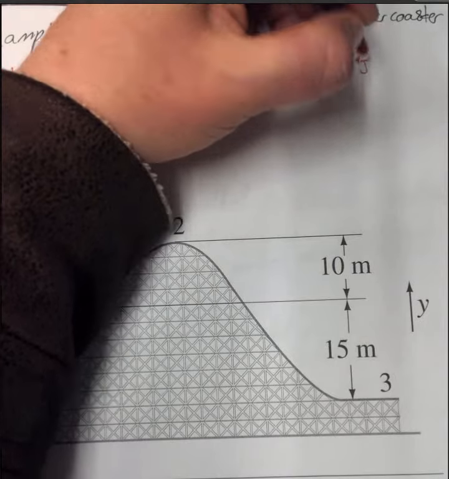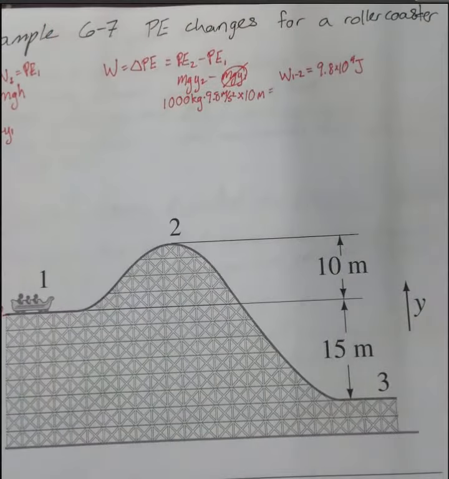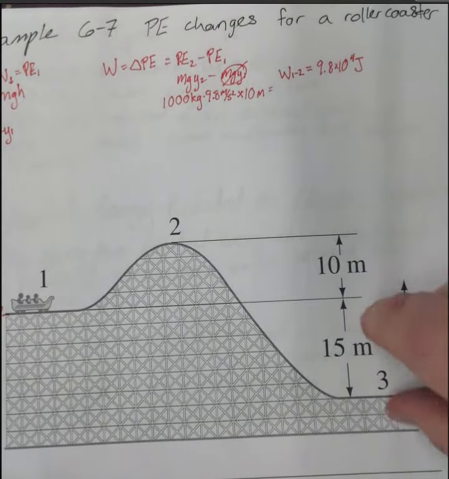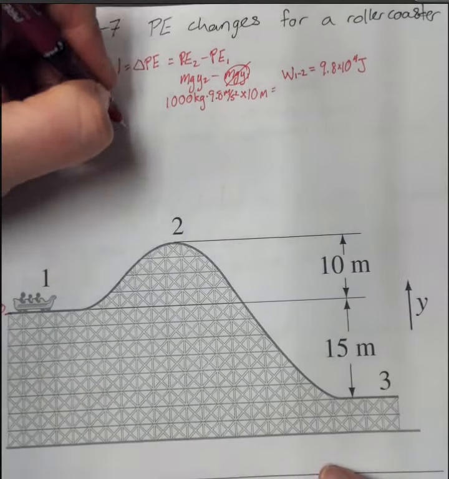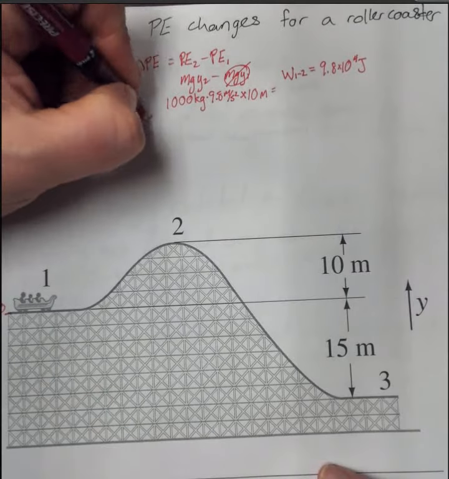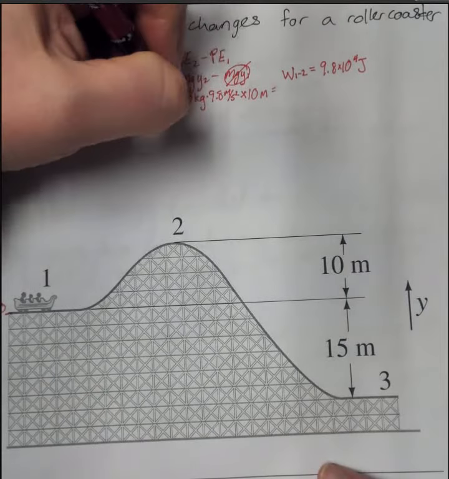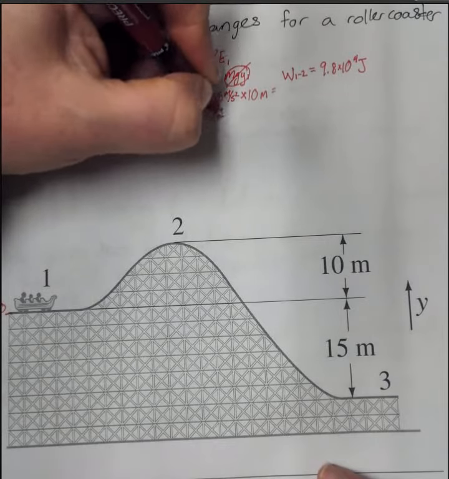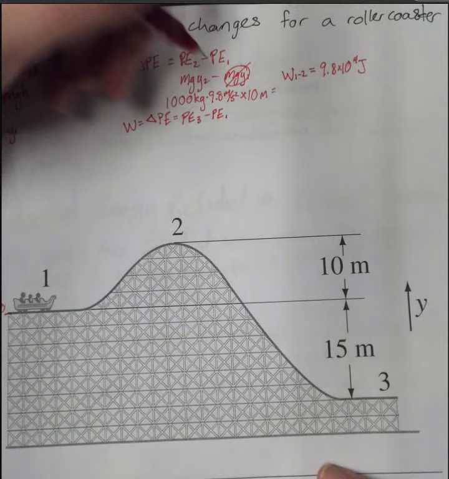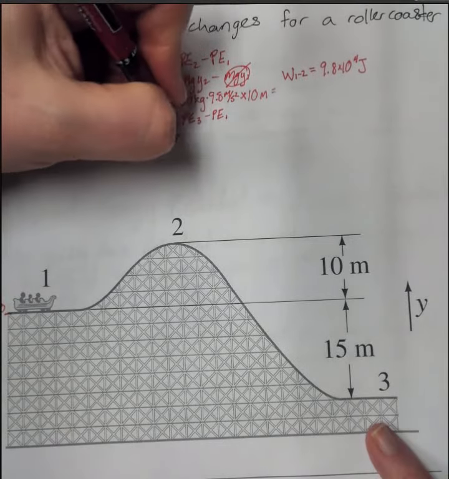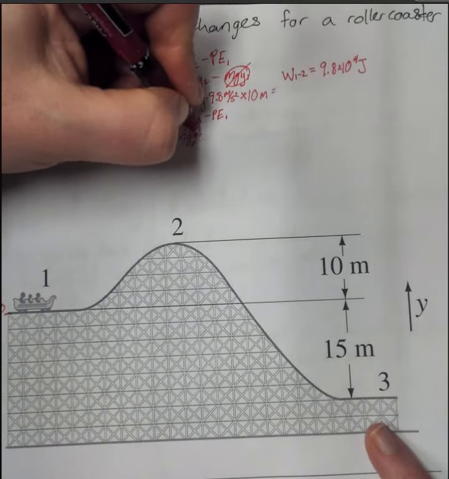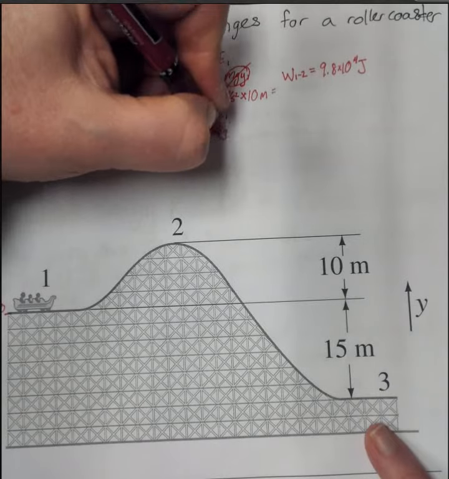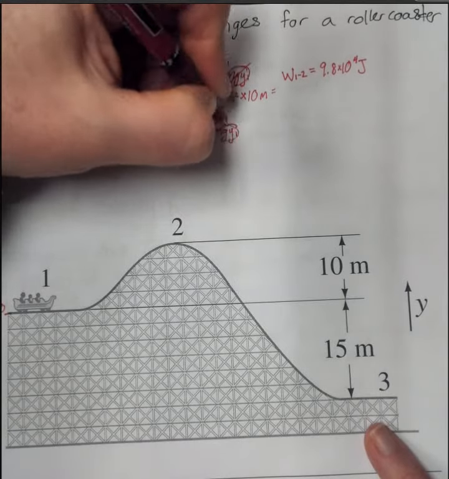joules. And we can also consider the change in potential energy from point 1 to point 3. Here work is going to be equal to the change in potential energy, and that's going to be PE3 minus PE1. Here PE3 is mgy3 minus mgy1, which is still equal to 0.